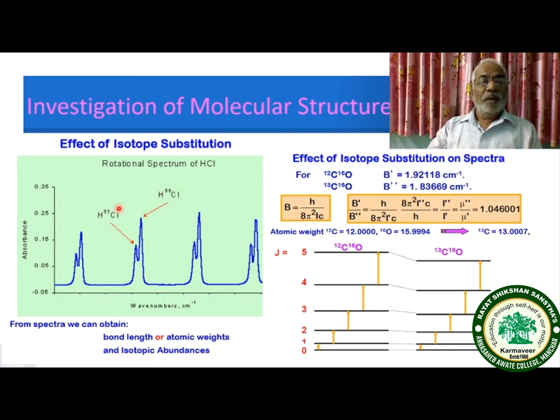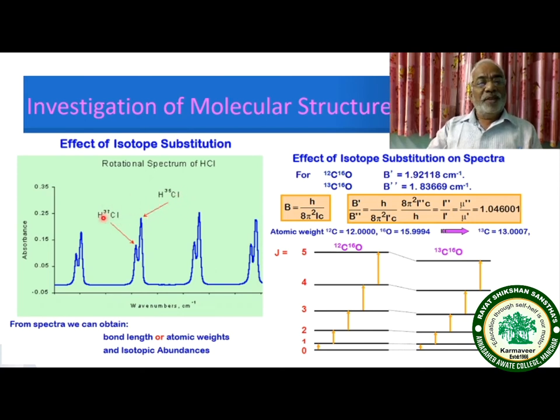Isotope means the element having the same number of protons but the mass number is different. Same number of protons means these are nuclides of the same element, isn't it? Chlorine, chlorine.